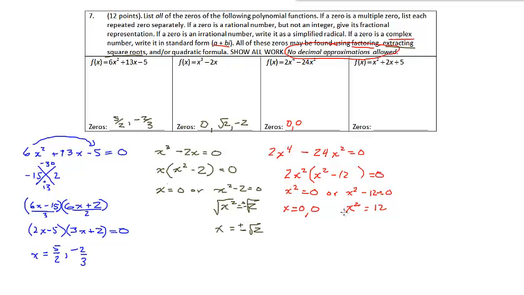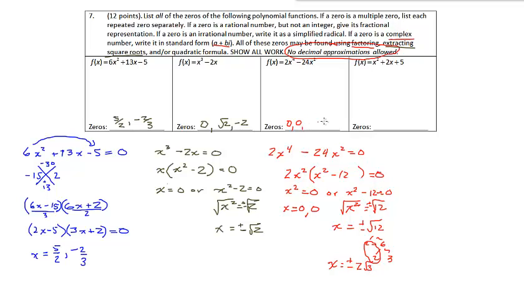Taking a square root of each side, like we did last time, we get x is equal to plus or minus root 12, and that's 2 times 6, 2 times 3, so x is equal to plus or minus 2 root 3.